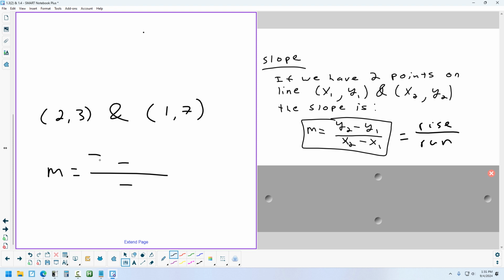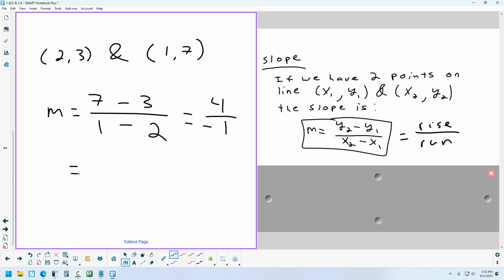What's y1? 3. What's x2? 1. And x1? 2. 7 minus 3 gives me 4, over negative 1. And what's 4 divided by negative 1? Just negative 4.